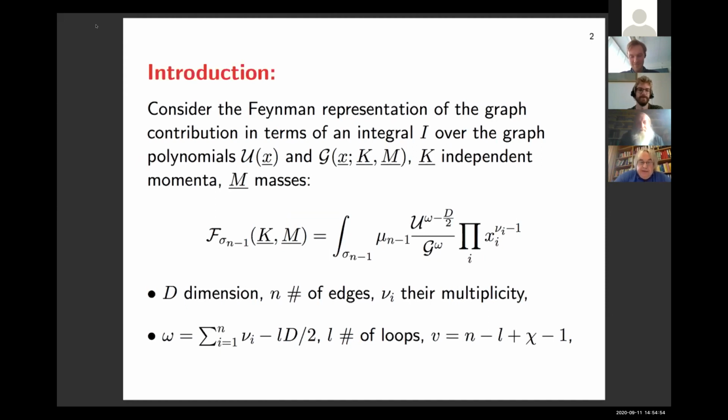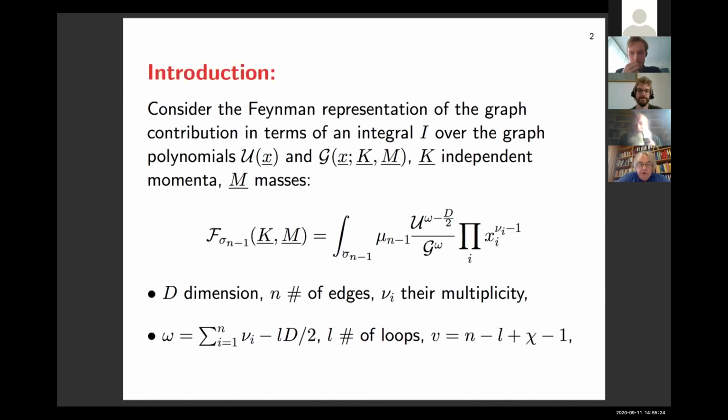We consider a Feynman representation of the graph contribution in terms of an integral over graph polynomials, where the graph polynomial in the numerator is independent of the physical parameters, which are the momenta and the masses. Then we have this measure, which turns out to be a measure on Pn, and a region that I describe in a second.